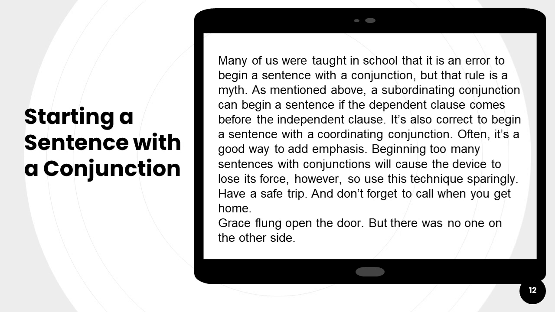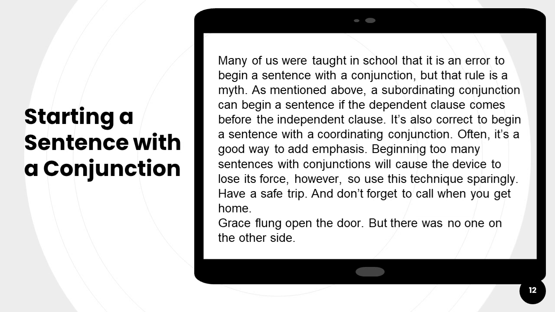So we should not always use that technique wherein we use a subordinating conjunction or a coordinating conjunction at the beginning of the sentence. Sometimes we should do that, okay? So, for example: Have a safe trip. And the other sentence started with a coordinating conjunction: And don't forget to call when you get home. The other one: Grace flung open the door.